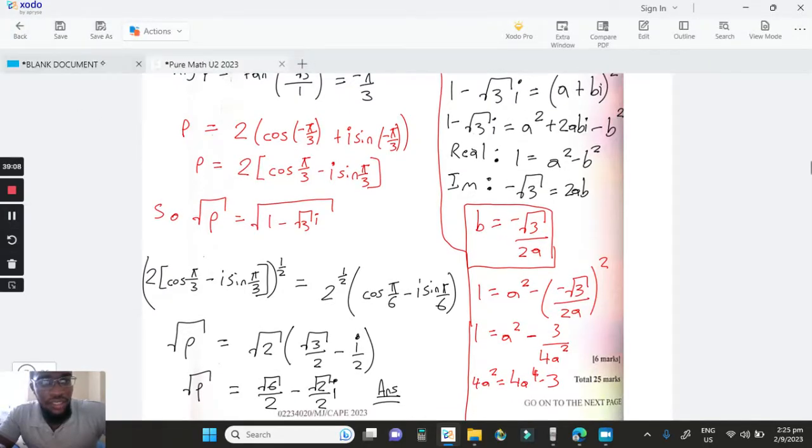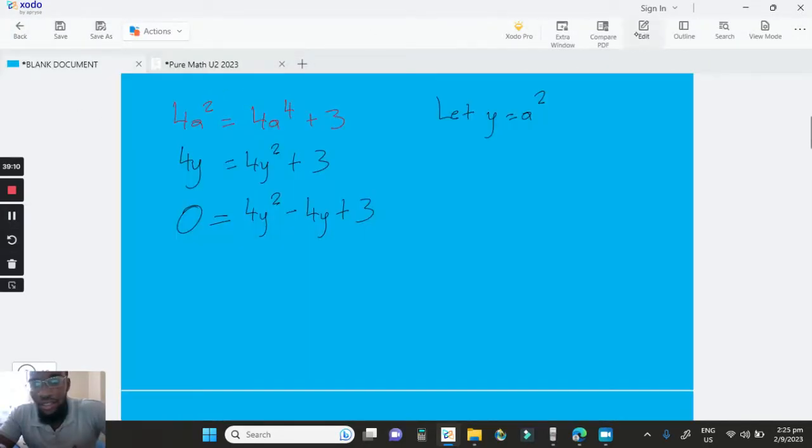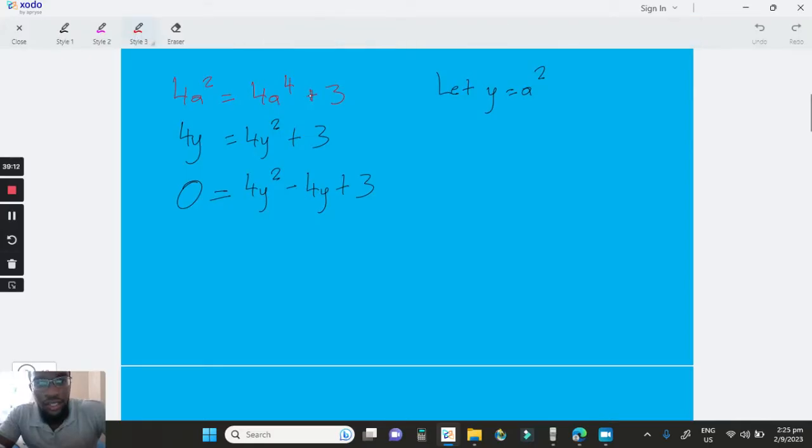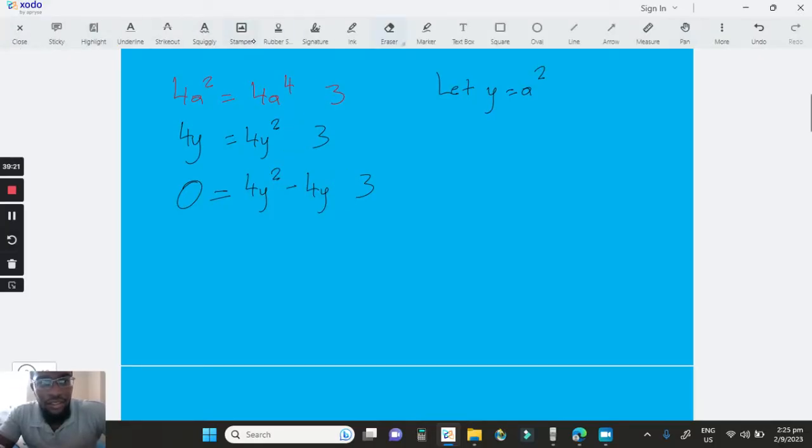Maybe now it would be factorized, but I'm still a little hungover from summer, so I won't be factorizing anything. I'm still gonna use the calculator.